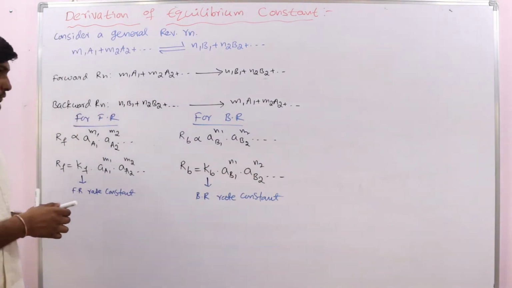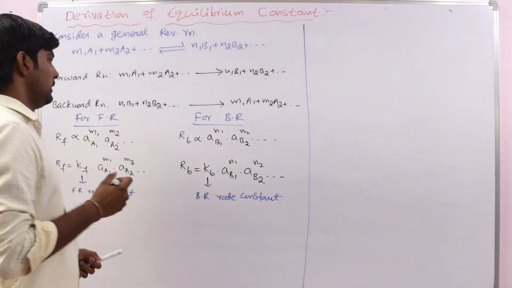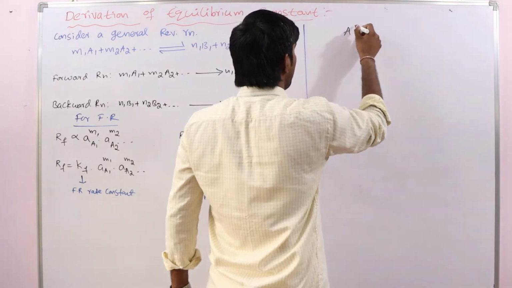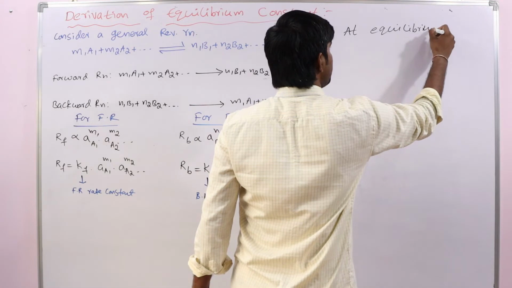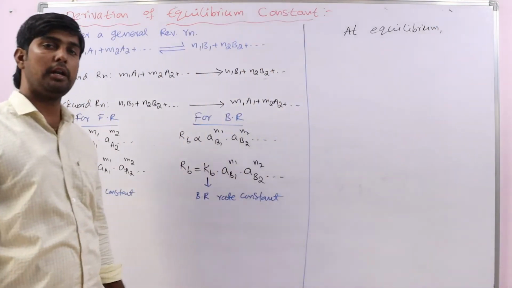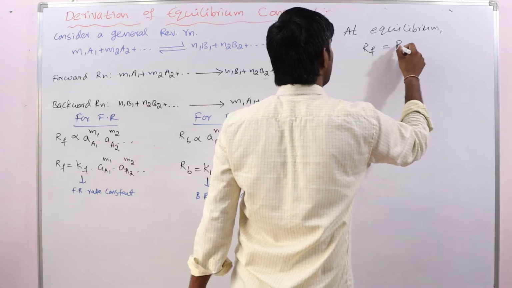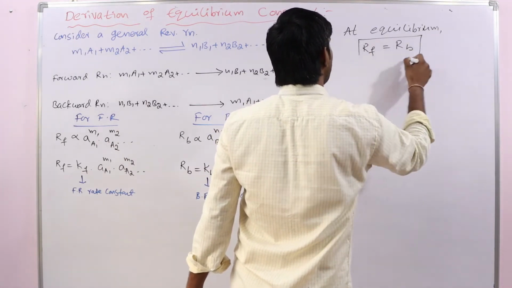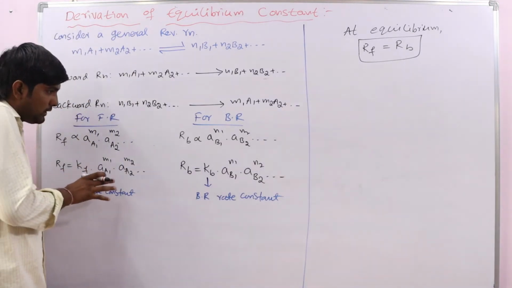Now, at equilibrium, what is the condition? Rate of forward reaction equals rate of backward reaction. Yes or no? Rate of forward reaction equals rate of backward reaction at equilibrium. Now let us substitute these expressions.